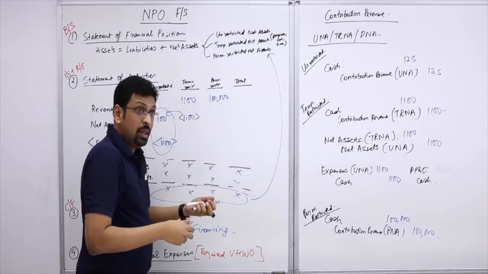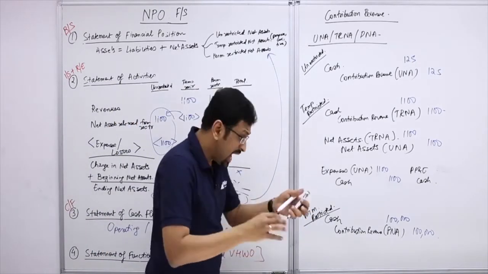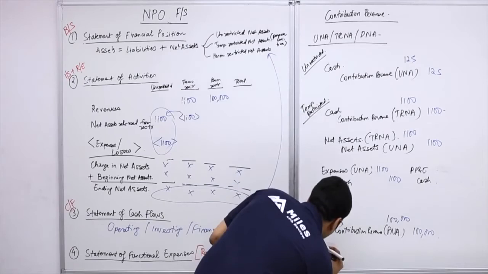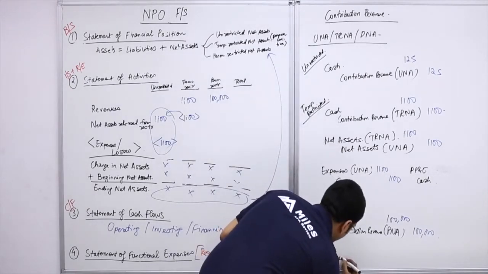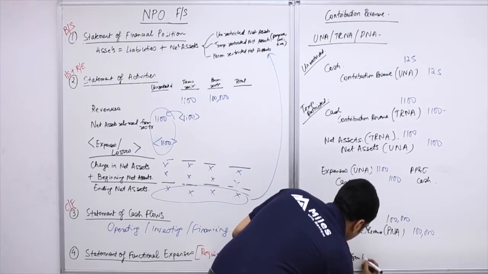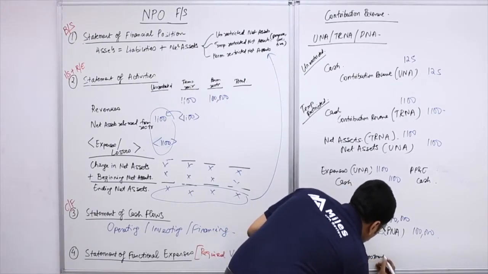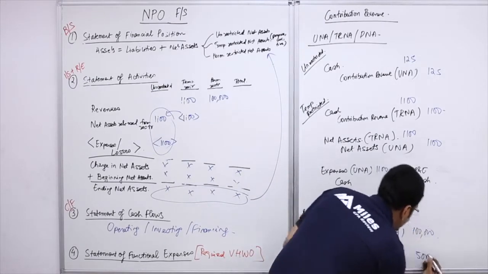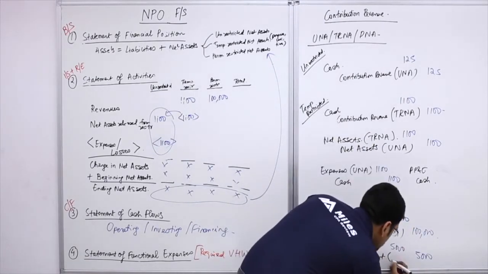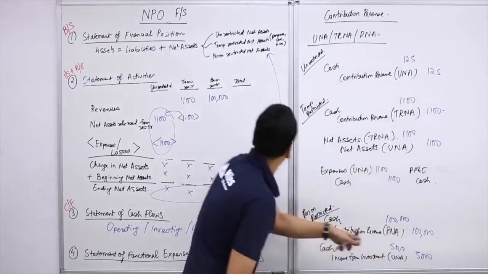Now, they're saying the interest that you're getting from this, do anything you want with that. So again, cash coming in later from this investment. So let's say income from investment. If they say do anything, let's say we received $5,000, can do anything with that, that becomes UNA. This $5,000 goes in here.